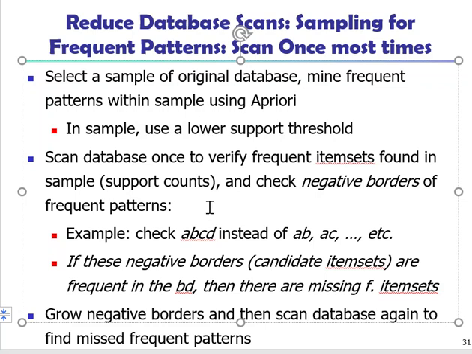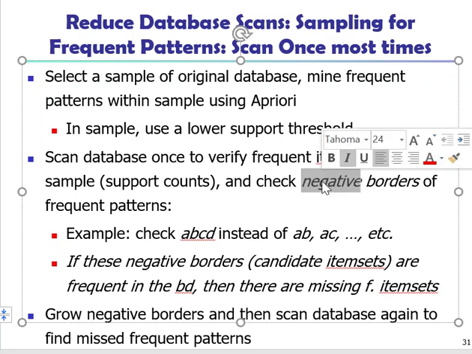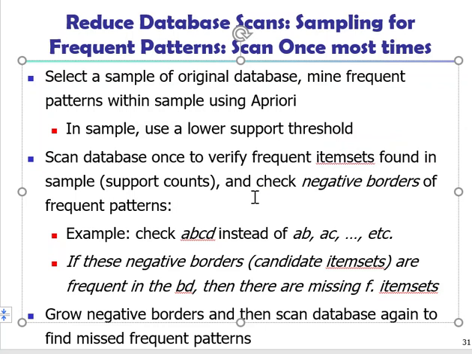that does happen. So the method tries to identify something called negative borders. Once we mine the candidate frequent item sets within the sample, we scan the database to verify that the frequent item sets found in the sample are really frequent in the large database using the true support counts.